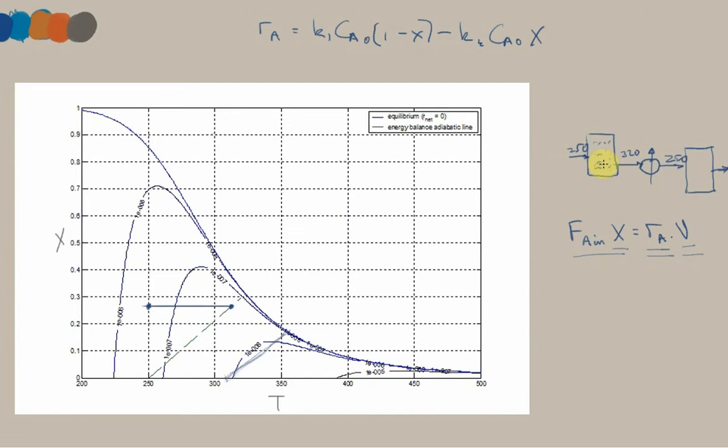Because it's an exothermic reaction, the temperature will rise to 320, accomplishing a conversion of, let's say, 0.26. And then we cool the mixture. So because we are just cooling and we aren't reacting, the conversion will not change. So the conversion stays on 0.26, whereas the temperature drops to 250. So that's our new starting point.